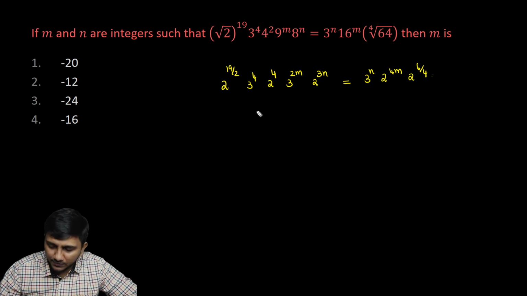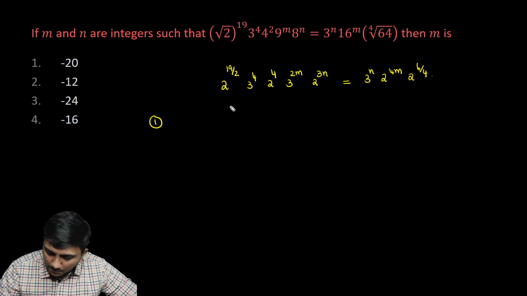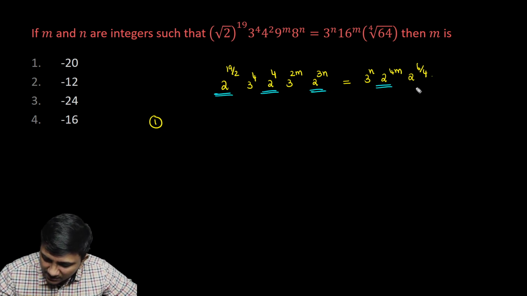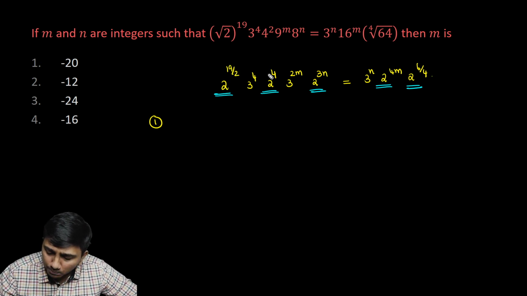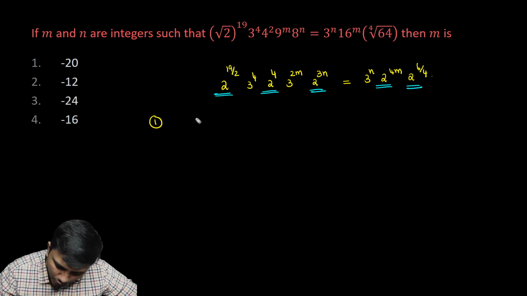Now the next step is to map the powers of 2 on the left side to the powers of 2 on the right side. So my first equation will be on the basis of powers of 2. Let me just pick the powers of 2 that I have on the left side and the right side. So here it will be 19 by 2 plus 4 plus 3n. 19 by 2 is 9.5, so 9.5 plus 4 plus 3n.